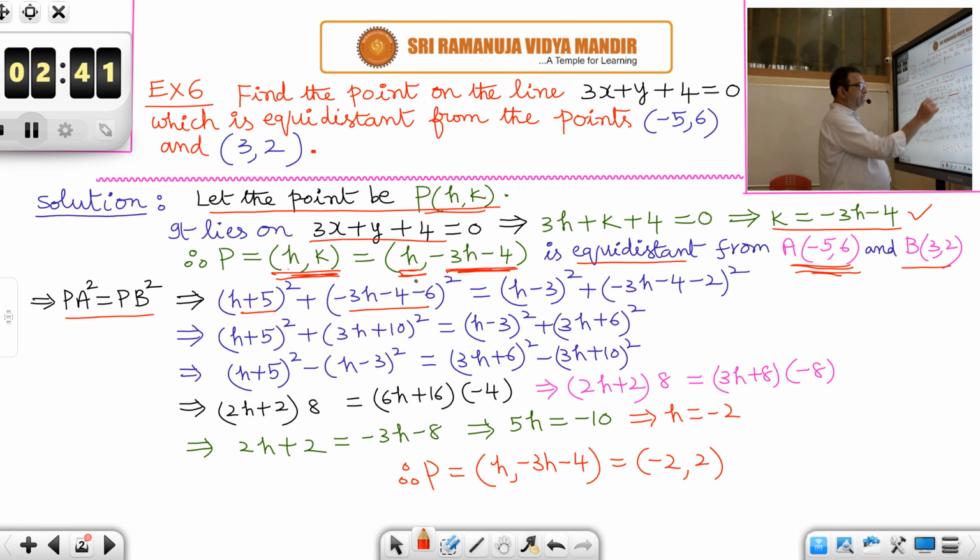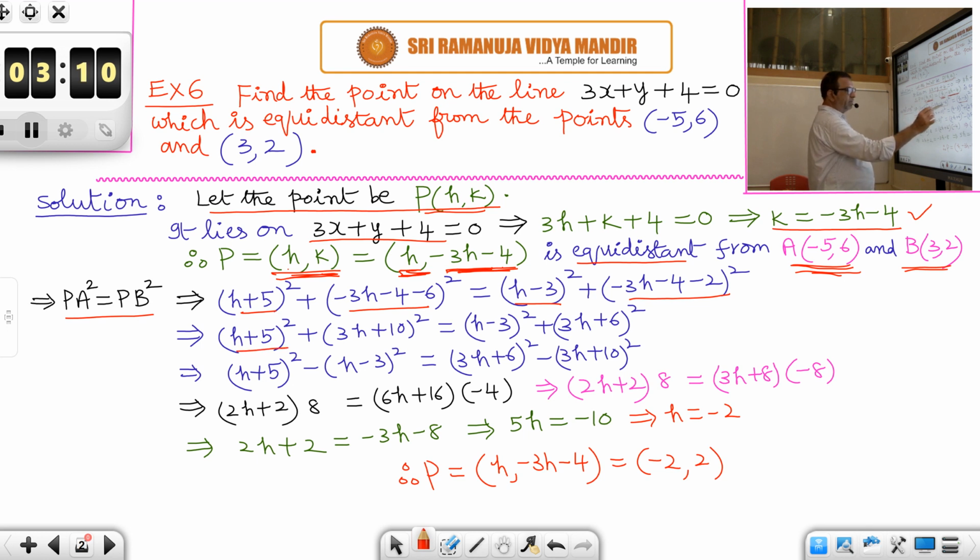PB square means again this point and that point. So difference of x coordinates, h minus 3 whole square plus minus 3h minus 4 minus 2 whole square. Okay, what do you think? You will get a quadratic equation in h? Let us see. h plus 5 whole square.